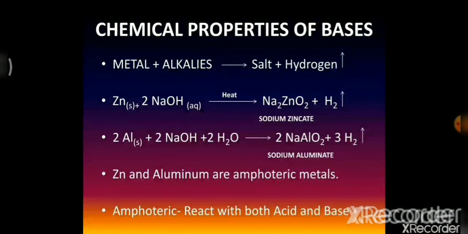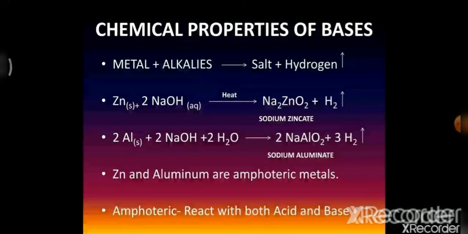On heating, zinc metal reacts with the diluted sodium hydroxide solution. It forms sodium zincate salt and releases hydrogen gas. In the same way, aluminium metal reacts with the same alkali, sodium hydroxide, forms sodium aluminate salt and releases hydrogen gas.